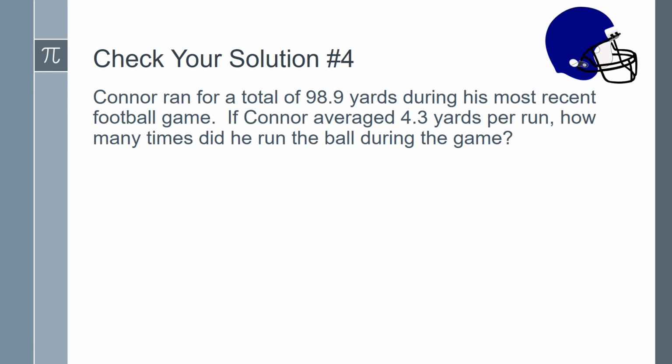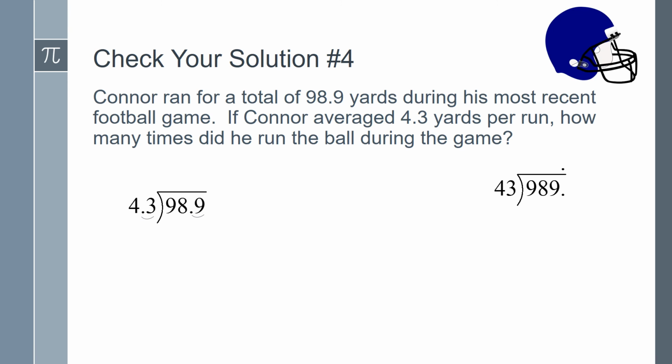Once again, we'll start by writing down the problem as a long division equation. We need to slide the decimal point in the divisor one spot to the right, so we also slide the decimal point in the dividend one spot to the right. Now we rewrite the equation, and we have 989 divided by 43. Carry the decimal point up, and now we're ready to divide as usual.